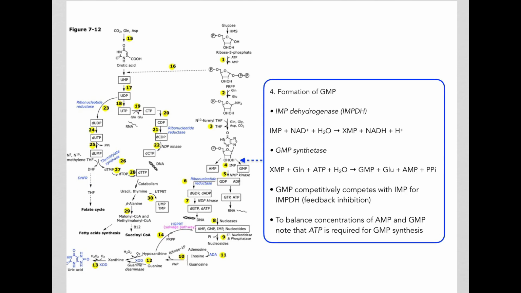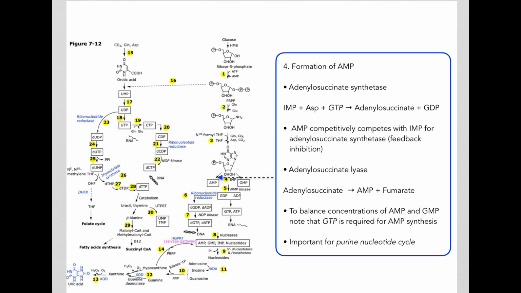Okay, so we have seen how IMP is converted to GMP. Now let's look at how IMP is converted to AMP. So first, IMP is converted into adenylosuccinate, and this is carried out by the enzyme adenylosuccinate synthetase, and then the adenylosuccinate is eventually converted into AMP and fumarate, and this is done by the enzyme adenylosuccinate lyase.